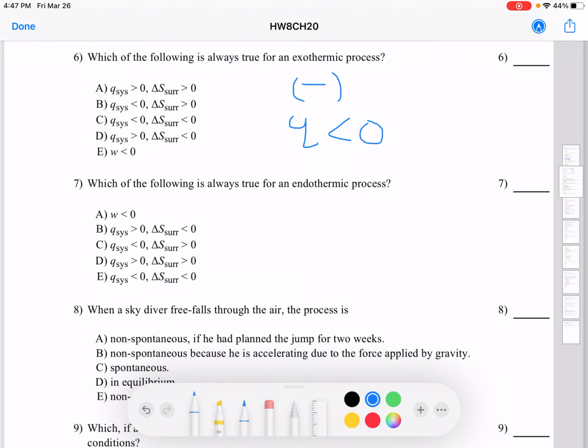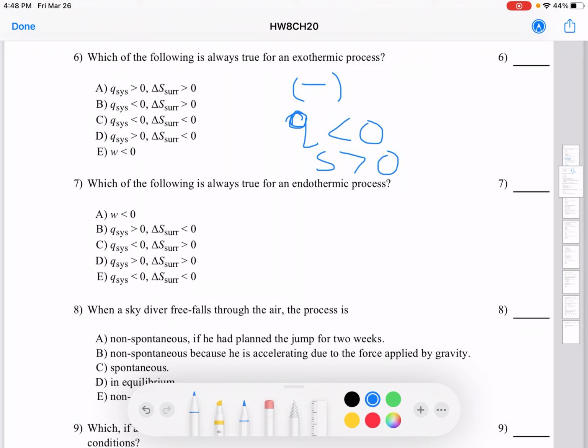The lost heat would be absorbed by the surrounding. If the surrounding increases in heat, what happens to the entropy? The entropy of the surrounding would increase, so it would be greater than 0. So Q is going to be less than 0 and delta S surrounding needs to be greater than 0. Choose the one that gives you these choices: Q system less than 0, and S surrounding greater than 0.